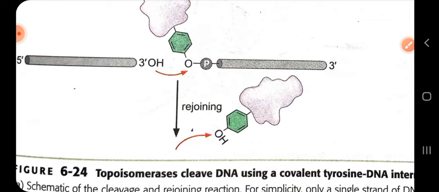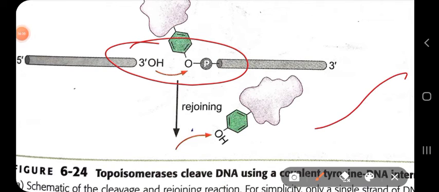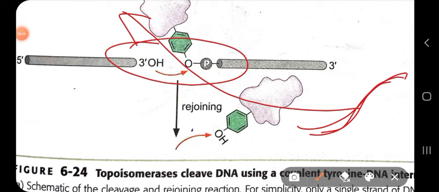By that time it moves that uncut DNA strand to this nick. So this reaction rejoins the strand, and before rejoining, the uncut strand is passed through this cut site, and in this way we are able to overcome the supercoiling nature of the DNA.